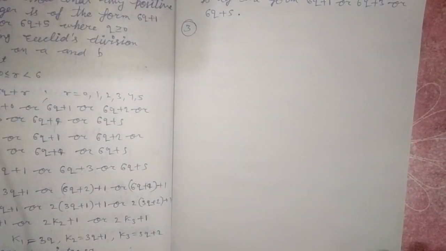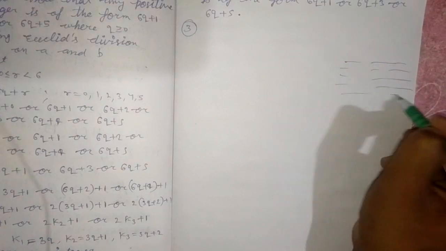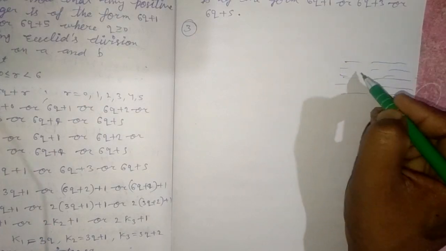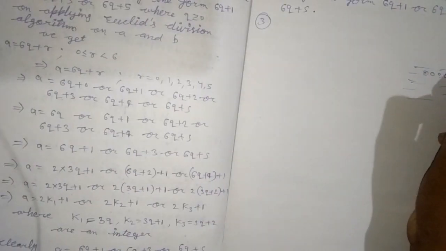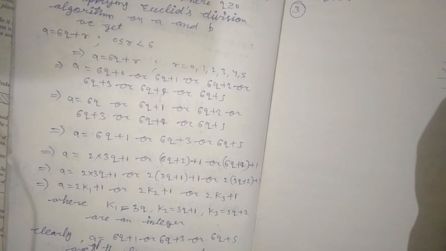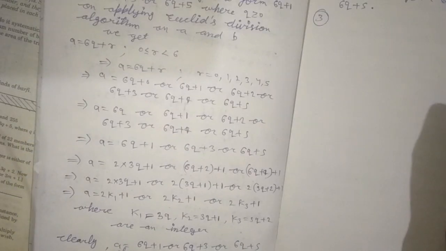So first we draw a rough figure for solving this question. Suppose there are 616 members of an army contingent just like this.